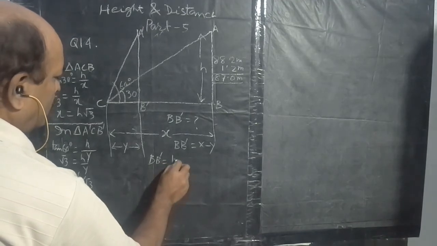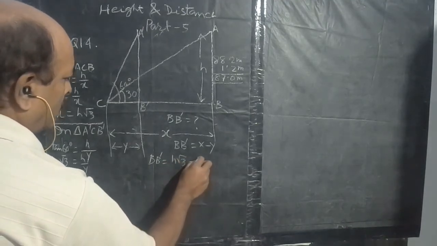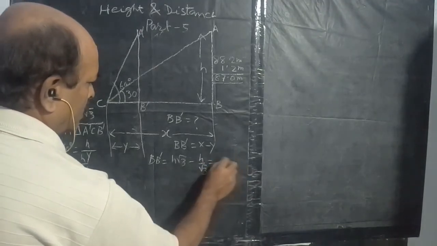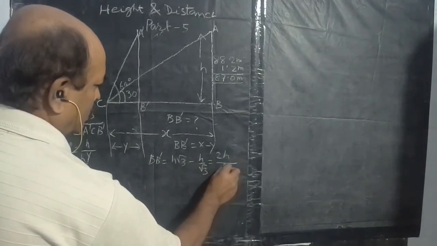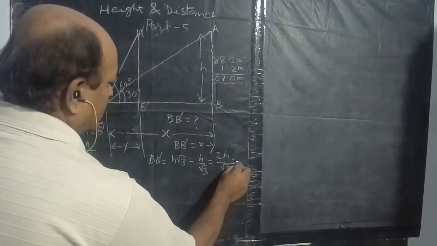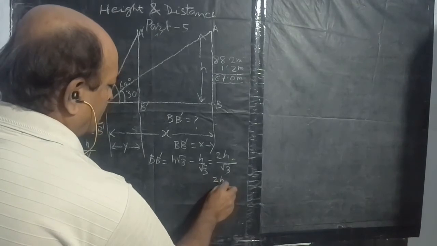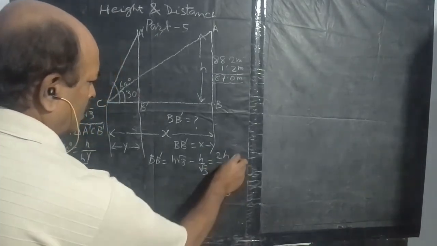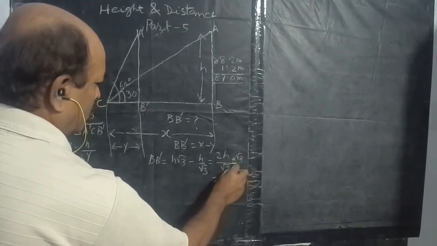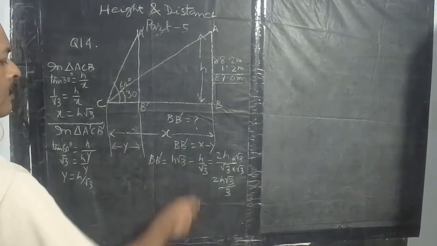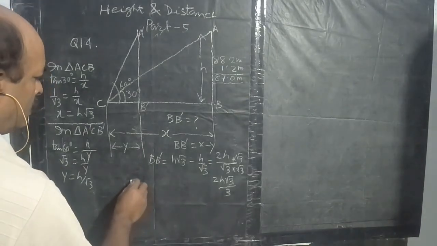X minus y means h root 3 minus h upon root 3. That is 2h upon root 3. 2h upon root 3 means 2h root 3 upon 3 by rationalizing, multiplying by root 3 on top and bottom. Now finally put the value of h.